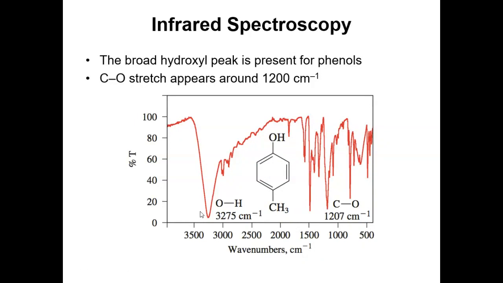And you really can't use the OH stretching frequency to differentiate phenol and alcohol, because the peak frequency strongly depends on the extent of hydrogen bonding. So the exact frequency of this peak is not a highly reliable way to tell what kind of OH group I have.